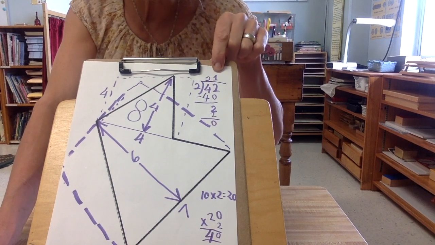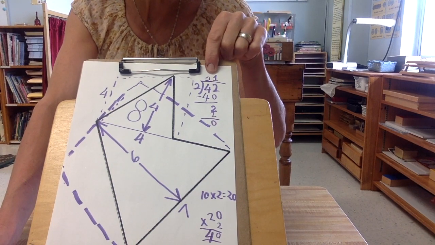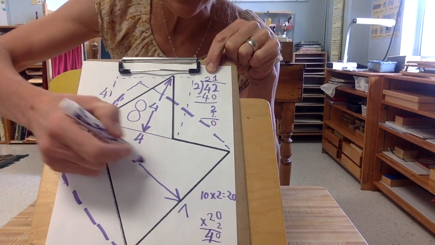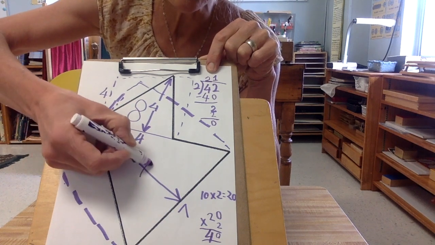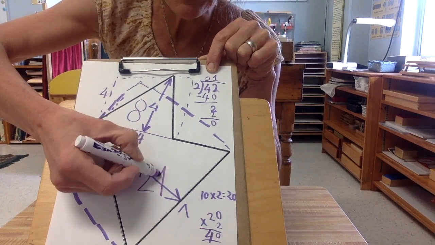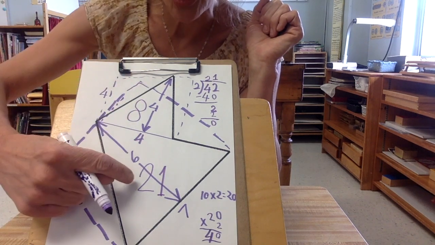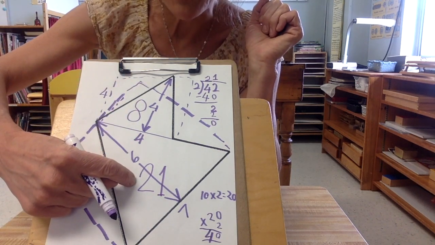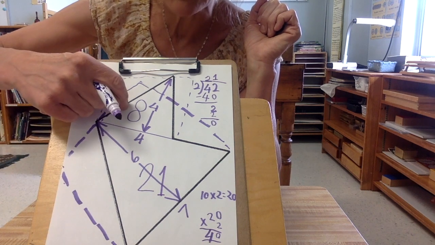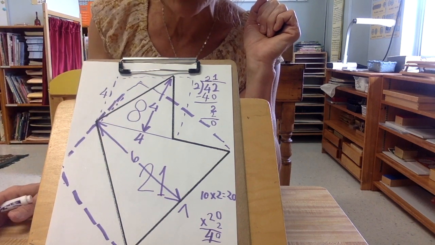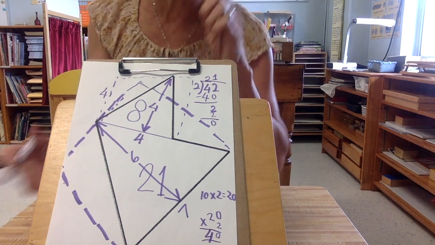Okay, so half of 42 is 21. Write that in this bottom triangle somewhere. 21. Now we can see that we've got 21 for this part of the irregular polygon and 8 for the top part of the irregular polygon. 21 plus 8.